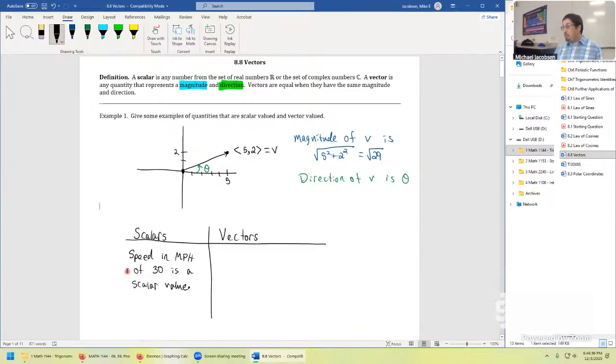But there's a lot more going on in the physical world. If you want to think of driving your car as a vector, you have to combine two things, both magnitude and direction. The magnitude would be, say, the speed. Magnitude is 30 miles per hour in this car we're imagining driving.